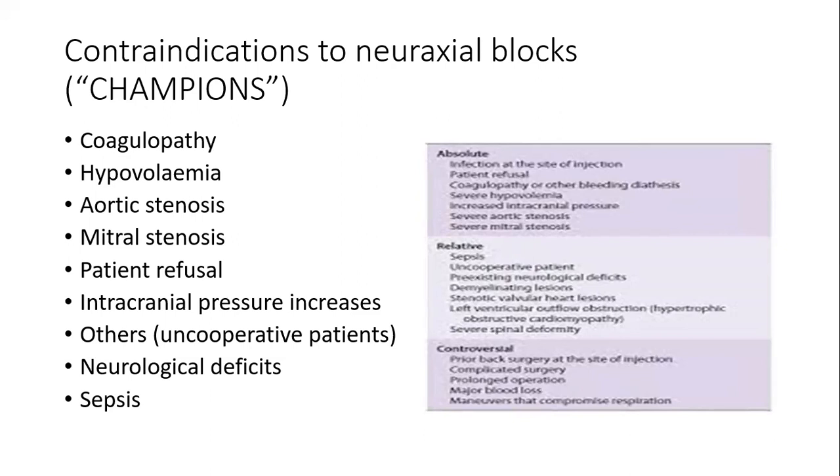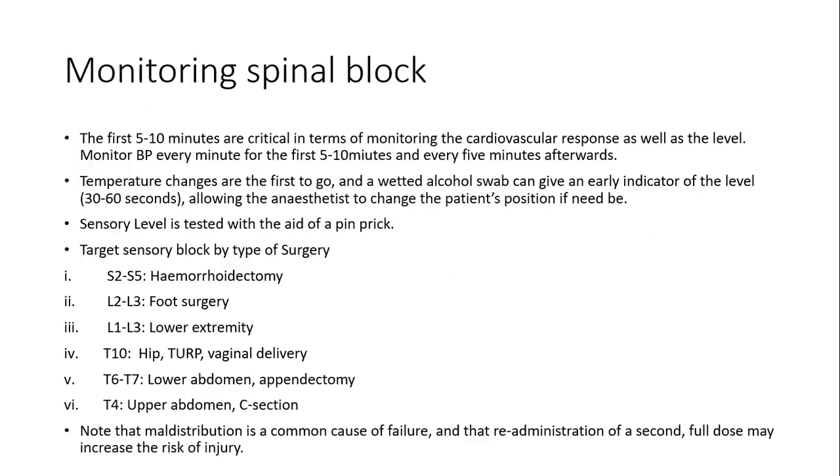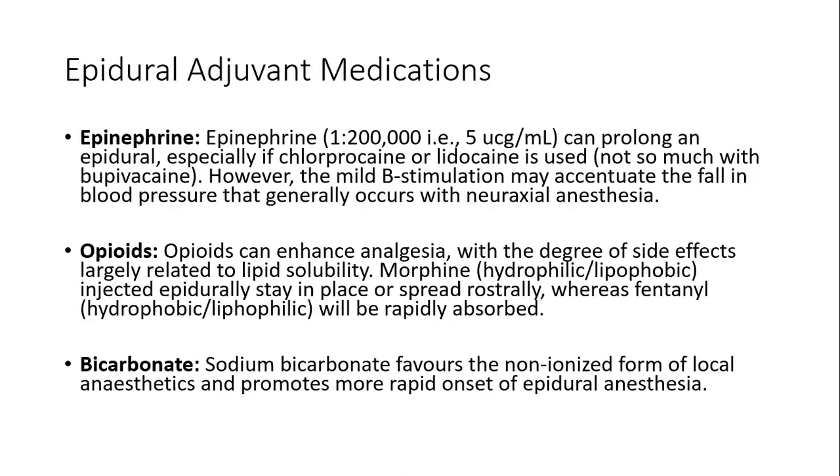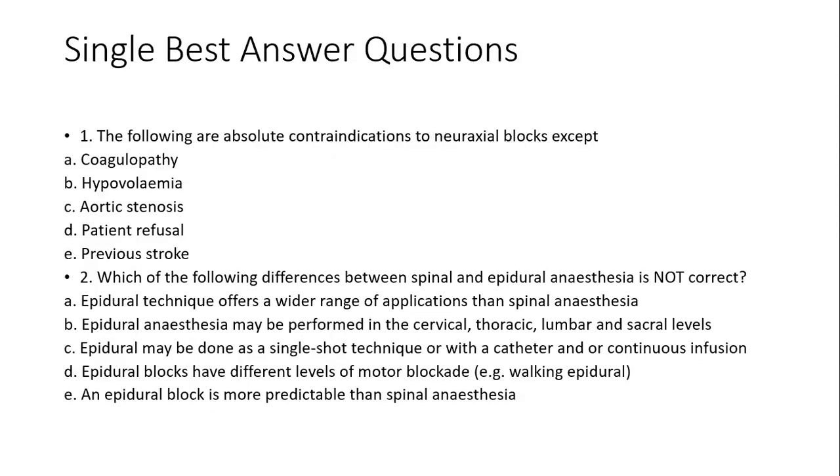Infection at the site of injection, patient refusal, coagulopathy or other bleeding disorders or diathesis, severe hypovolemia, increased intracranial pressure, severe aortic stenosis, or severe mitral stenosis. So what would be your answer? Let's go back to the question. It would be previous stroke, which I think was the last one. Yes, correct. Because you agree now. Yes, Doctor, I agree. Thank you.